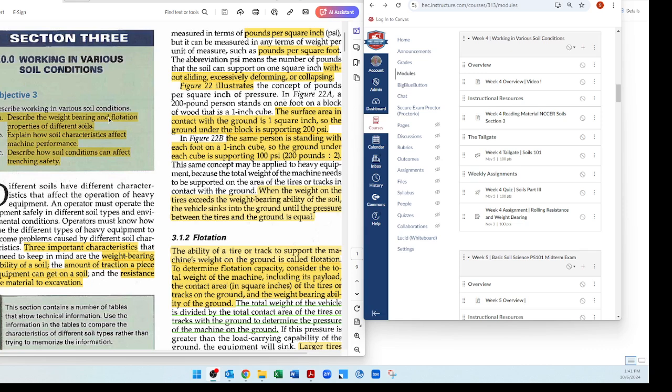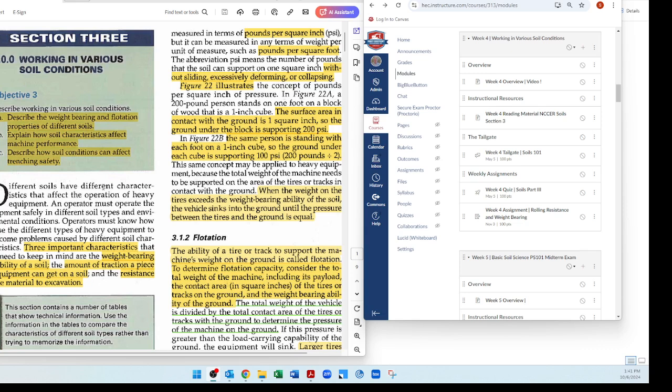Now, I want you to think about the term flotation. I'm not there yet, but I'm going to get there. But think about the difference between a dozer, a wide track dozer especially, going across a muddy surface. What keeps that dozer from getting stuck versus going across that same muddy area in a car or a pickup? Well, it's surface area.